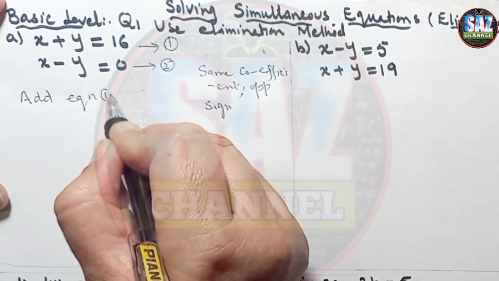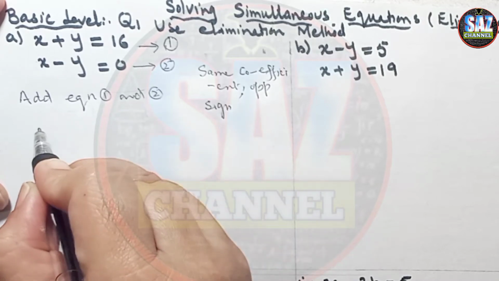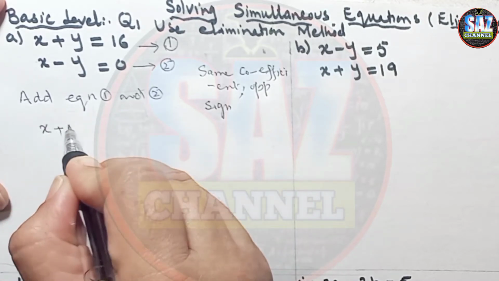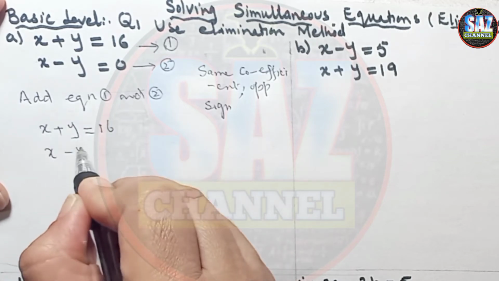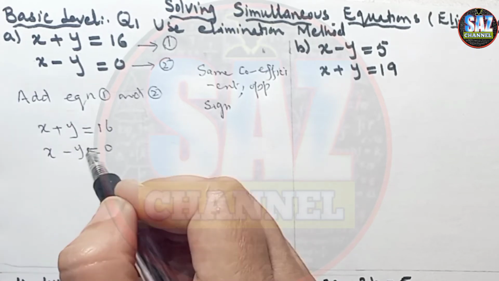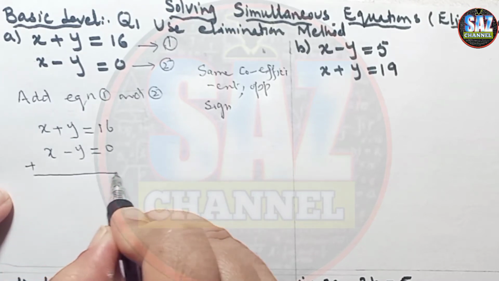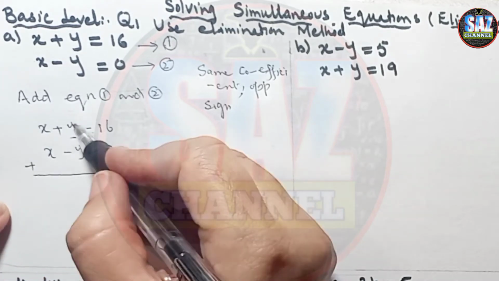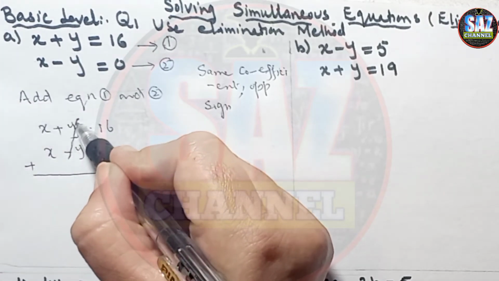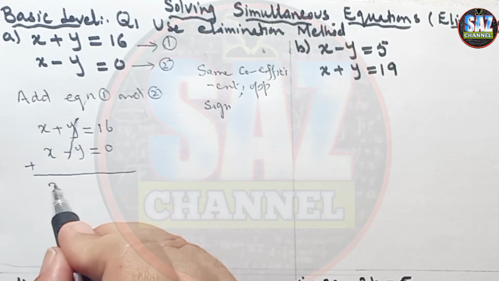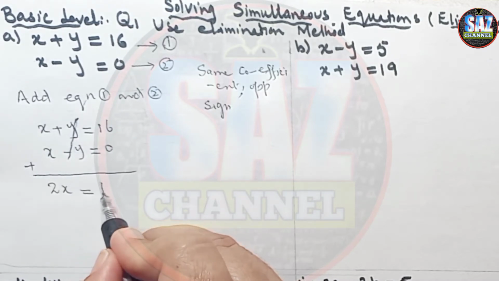When I'm adding equation 1 and 2, what can we get then? x plus x, and plus y and minus y cancel each other, so I can remove this y with this y, and I will be left with 2x equals 16 plus 0, which gives me 16.